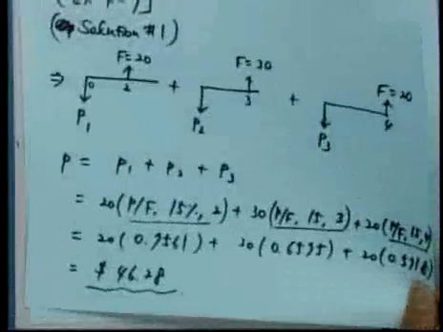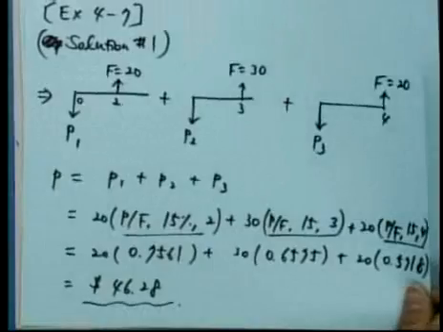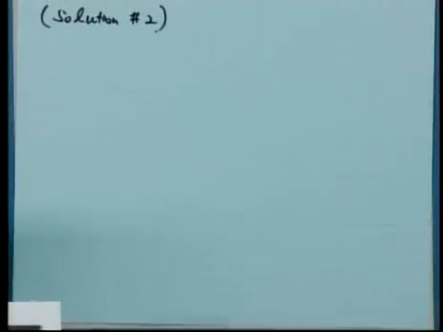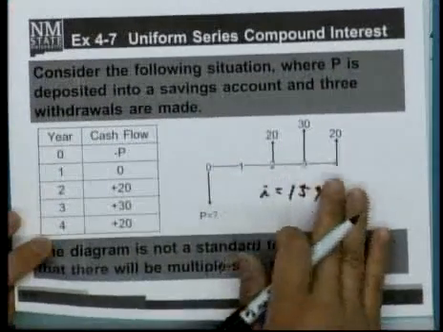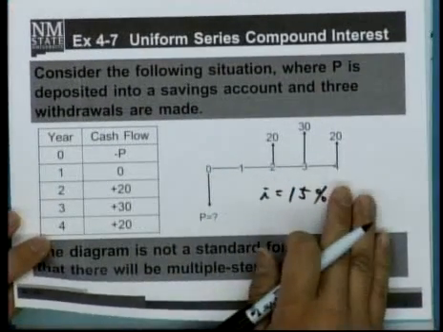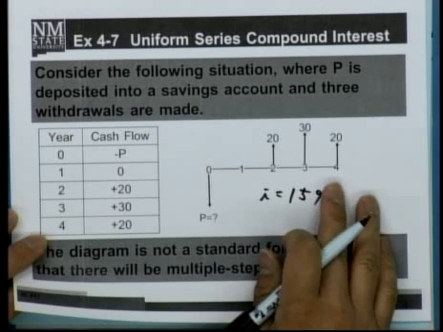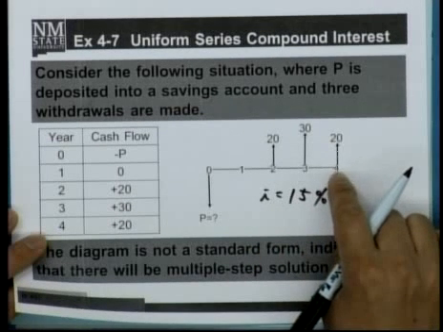Okay. So in the first approach, the given cash flow has been broken into 3 different parts. And in the second approach, again, the given cash flow will be broken into 3 different parts. However, at this time, the 3 single withdrawals are converted into an equivalent future value at the end of period 4.